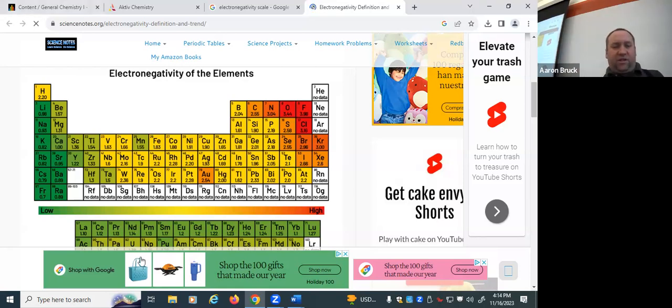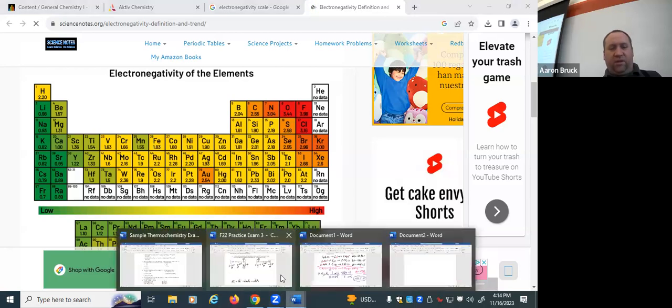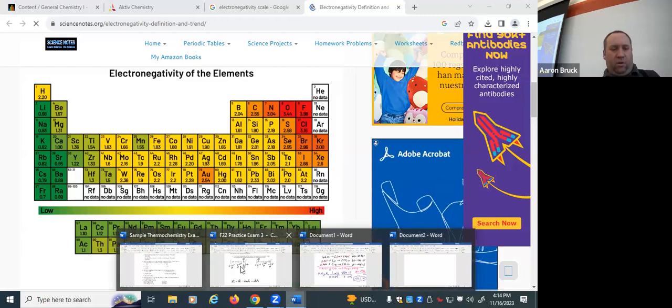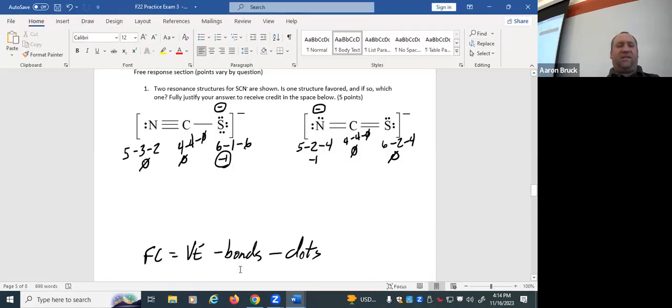And as such, it is going to be more able to stabilize that negative charge and hold that -1 formal charge just a little bit better. So of the two options, that is the one that is a little bit better.